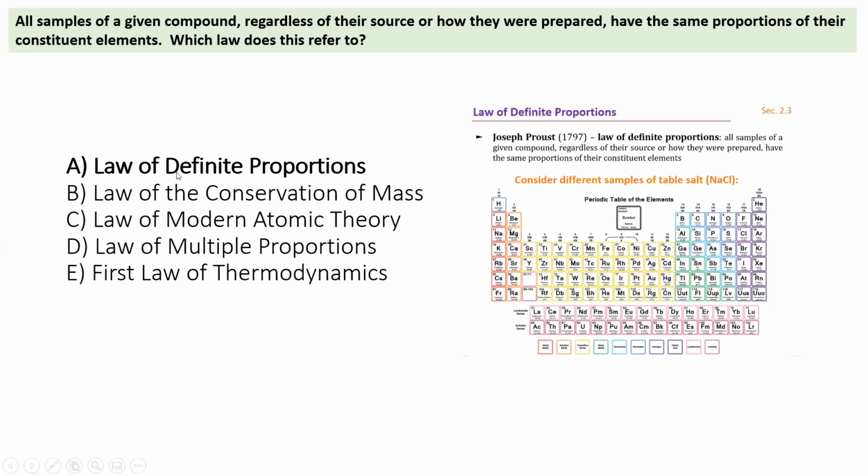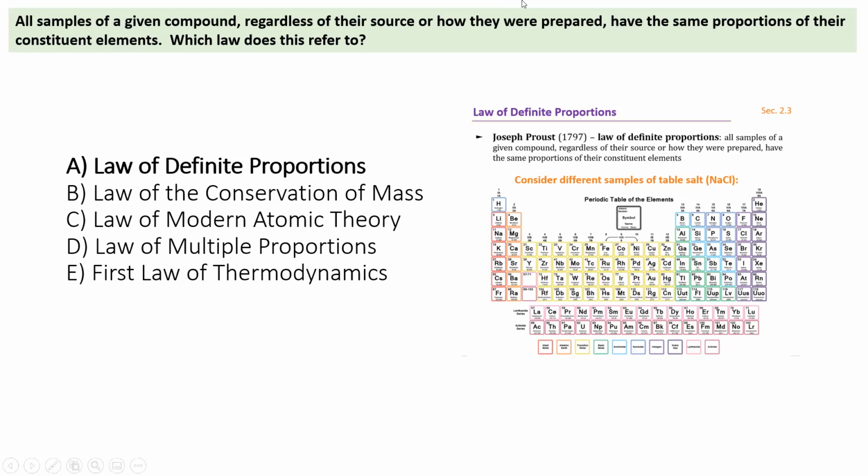It's actually the law of definite proportions. Multiple proportions is slightly different. Multiple proportions is when you can build different molecules out of the same elements, whereas the law of definite proportions means that if you have, for example, water, regardless of where you find it, water on the moon, water on Earth, water on an asteroid, it's going to have the same proportion of hydrogens and oxygens.